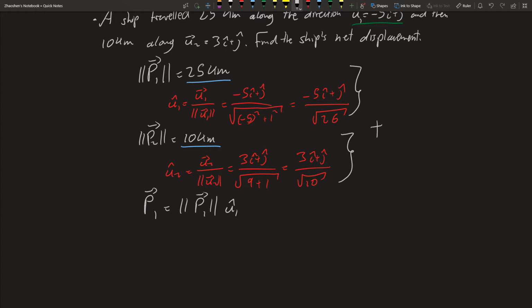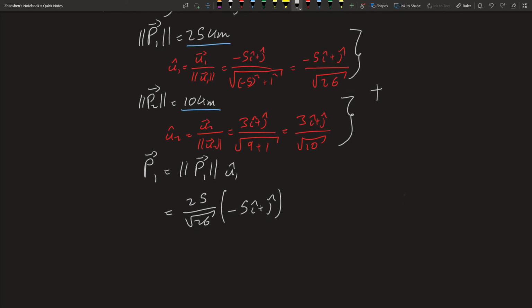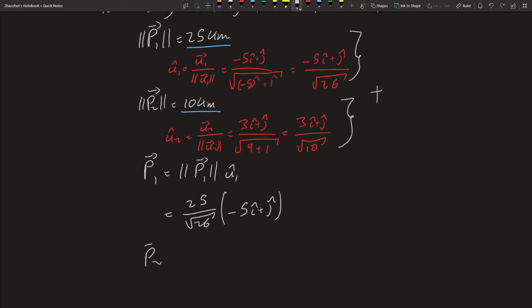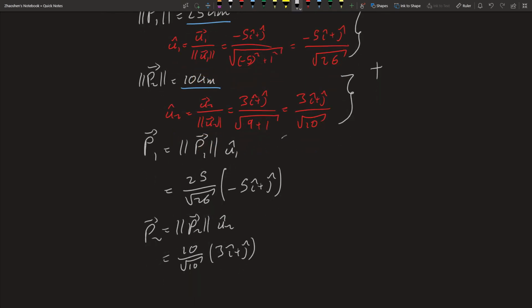We calculated that up there. Let's just substitute everything in. We get 25 over radical 26 times negative 5i plus j. That's vector p1. Vector p2, same thing, is the magnitude of vector p2 times u hat 2, which is equal to 10 over radical 10 times 3i plus j.